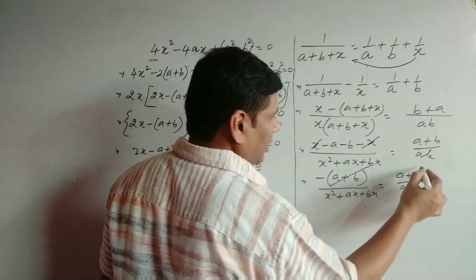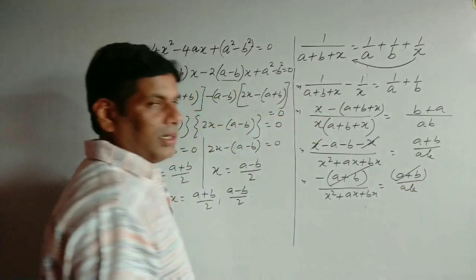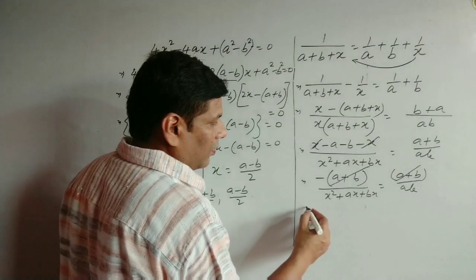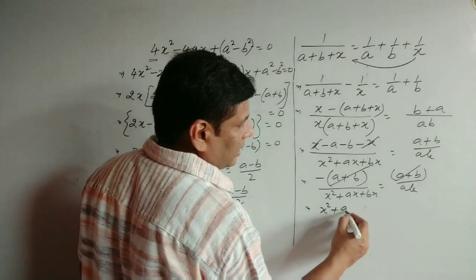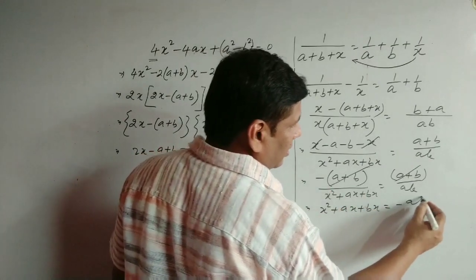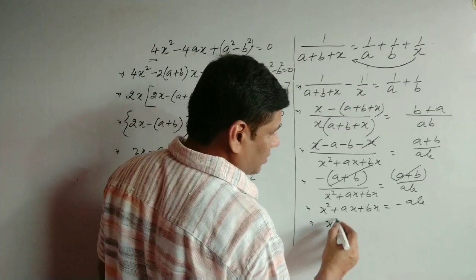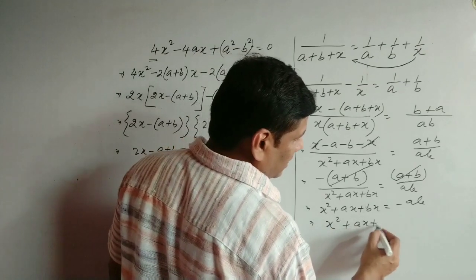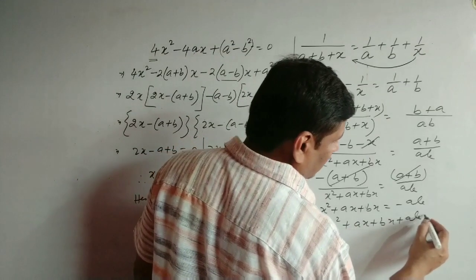So ab and ab will be cancelled from both sides, and now we will have x square plus ax plus bx equals minus ab, and this becomes x square plus ax plus bx plus ab equals 0.